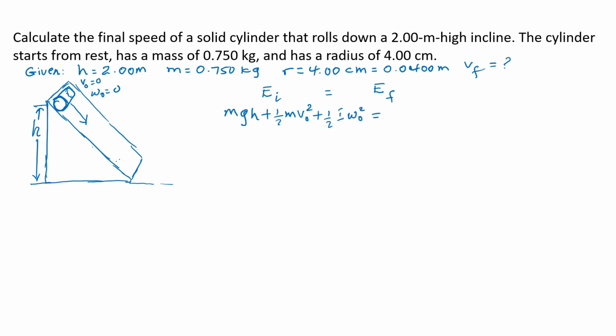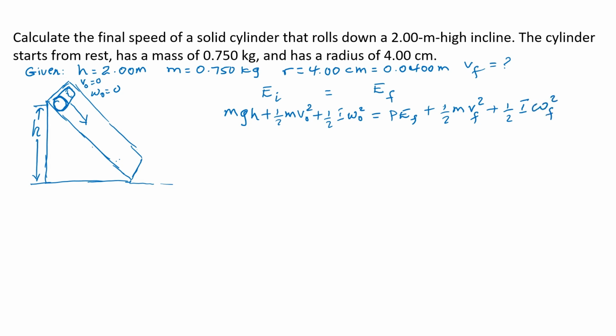And then we have potential energy final, mgh, which is 0 in this case, plus half m vf squared plus 1 over 2 moment of inertia omega f squared.